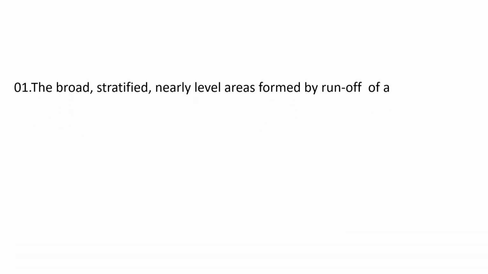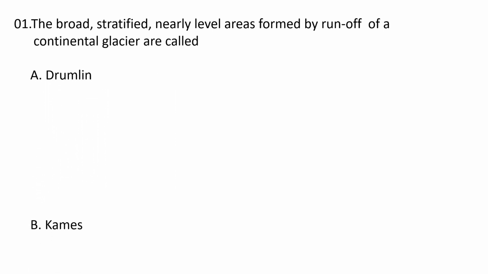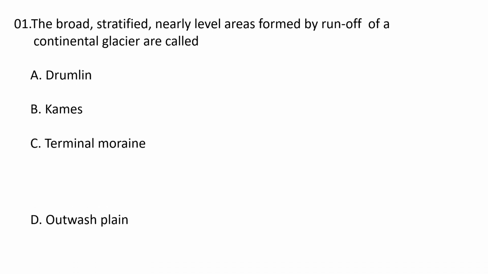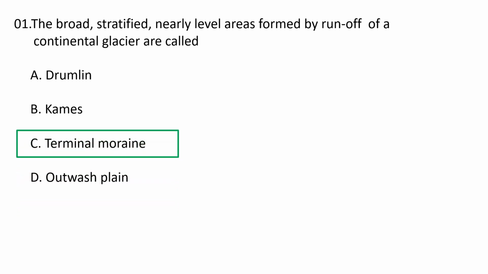The broad stratified nearly level areas formed by runoff of a continental glacier are called: A. Drumlin, B. Kames, C. Terminal moraine, D. Outwash plain. Broad stratified nearly level areas which are formed by runoff of a continental glacier are known as an outwash plain.